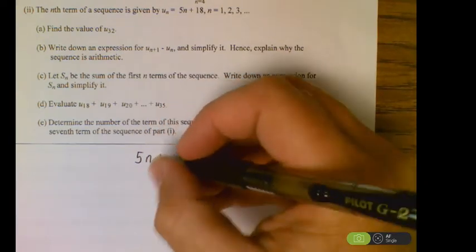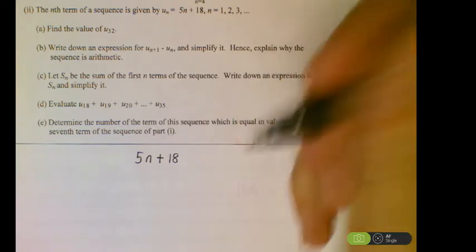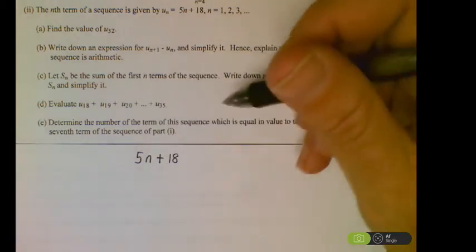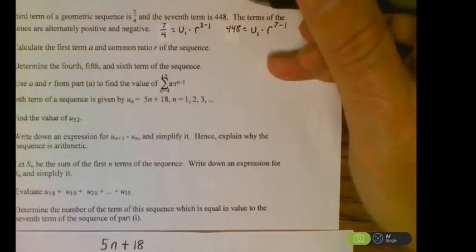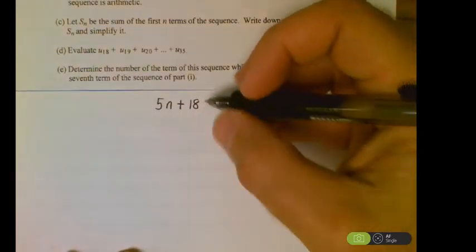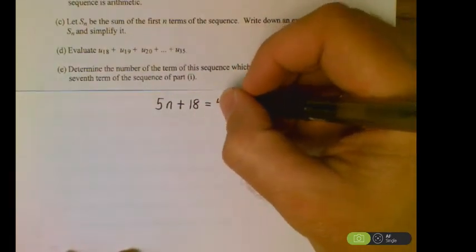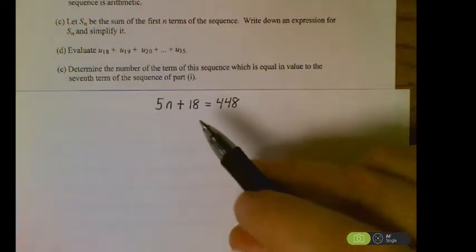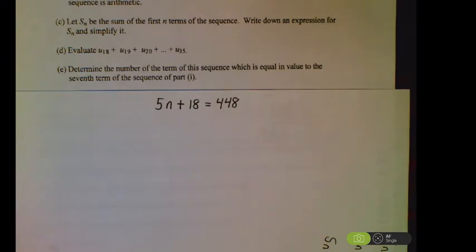And I'm leaving n as n because they're asking me for a term number. And they said it's going to equal the 7th term in part I. And if you remember back up here, the 7th term was 448. Which means I can now just set that expression equal to 448 and solve for the term number that goes with it. So subtract that 18, divide by 5, and that's going to get you your term number.